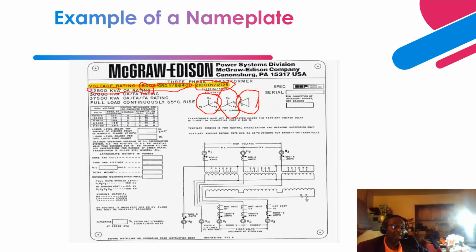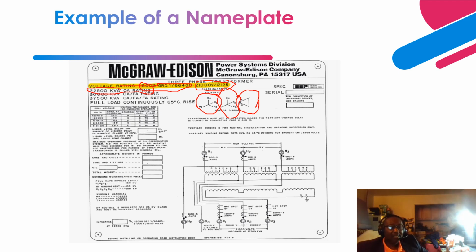There's a butterfly valve on top of the radiator, and it flows through the radiator, and basically naturally flowing air goes across the surface of the radiator to remove the heat that is from the oil.